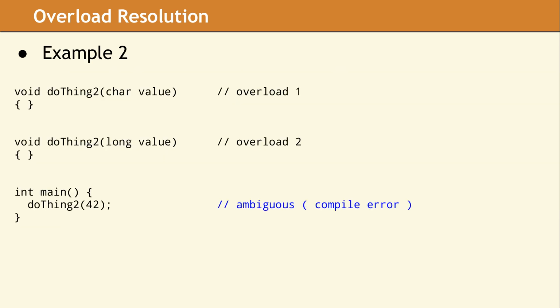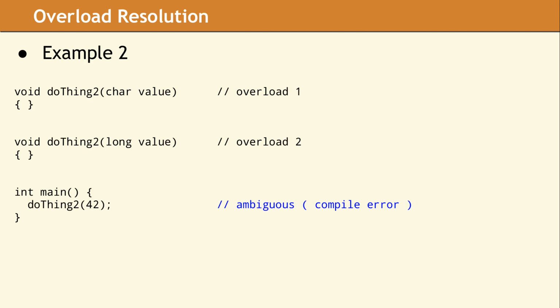At first glance, this code looks like it should be fine. We originally thought overload 2 would be a match for the call to doThing2 passing the value of 42. We assumed an int could be promoted to a long, and this would be better than converting an int to a char. Our understanding of what can be promoted turned out to be incorrect.